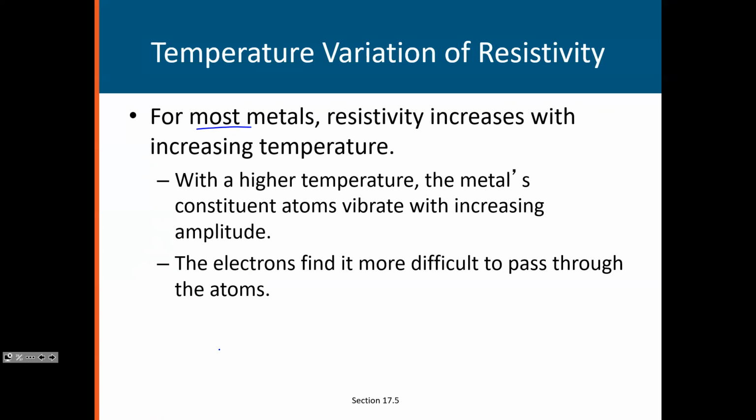So why does it happen? When the temperature increases, the atoms vibrate more. So it will present more obstruction for the flow of charges. So we can understand why the temperature will increase the resistivity. Therefore, the electrons find it more difficult to cross.